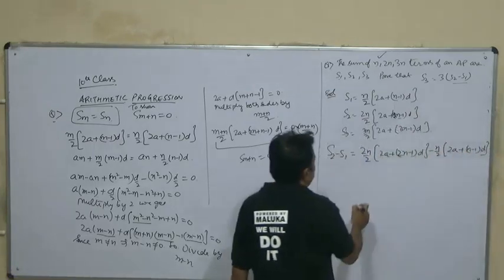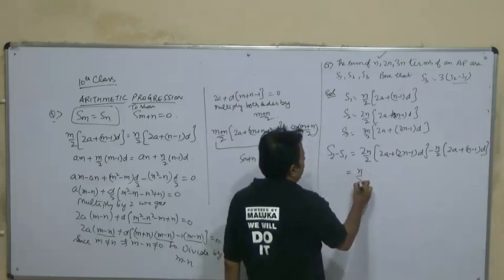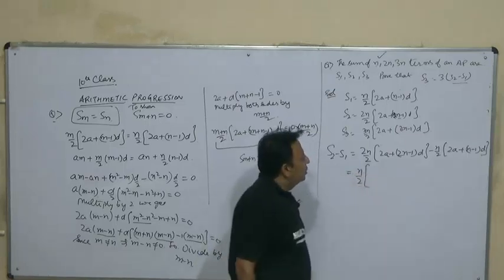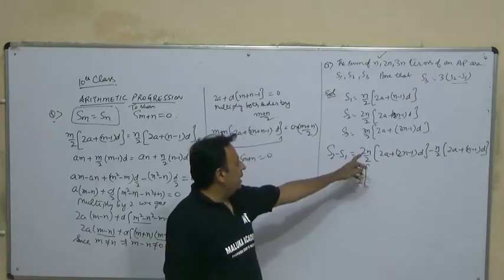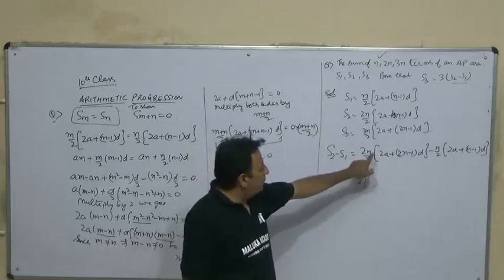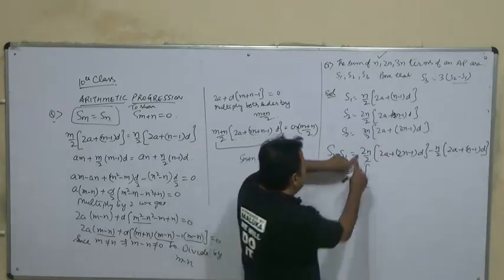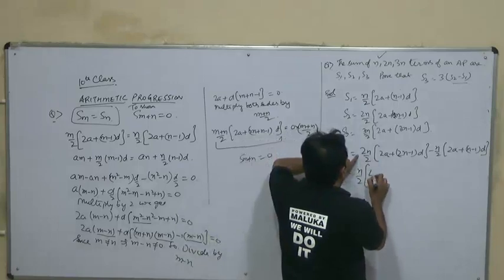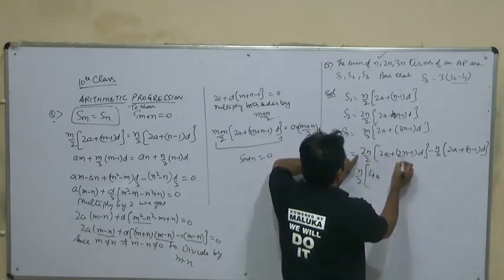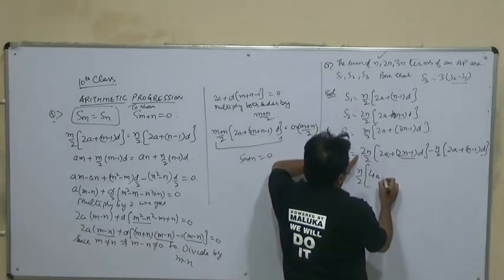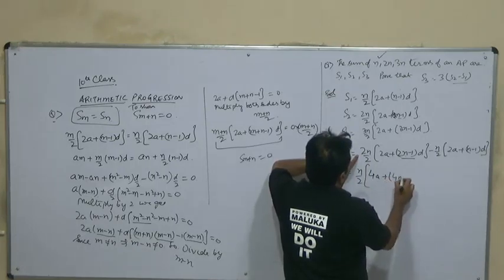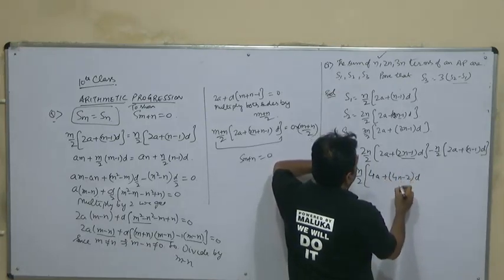So from these two we take n by 2 common. When we take n by 2 common from here, 2 will be multiplied inside. So this will be 2 into 2A is 4A, and 2 multiplied with this bracket, this will be (4n minus 2) into D.